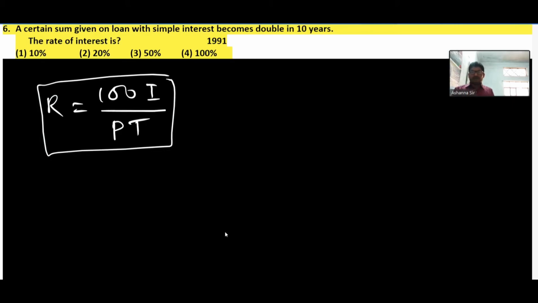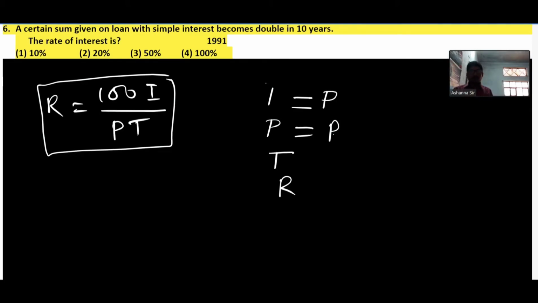Here we have to find the rate of interest R. A certain sum means a certain amount, P only, given on loan with simple interest becomes double. Double means however much is given, that much interest will be added, then only it becomes double.